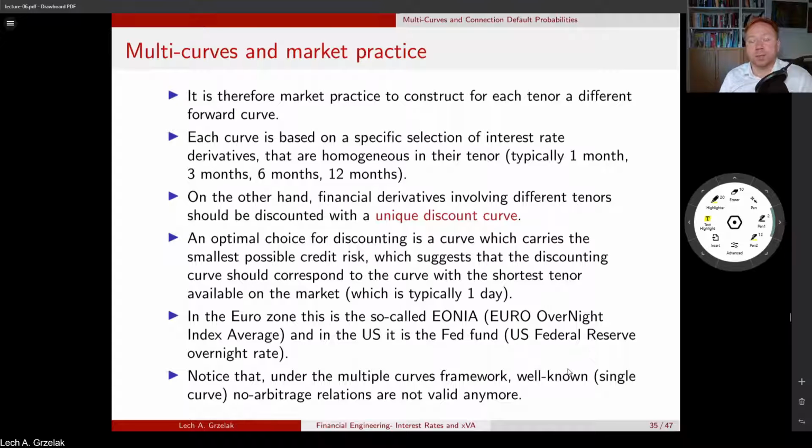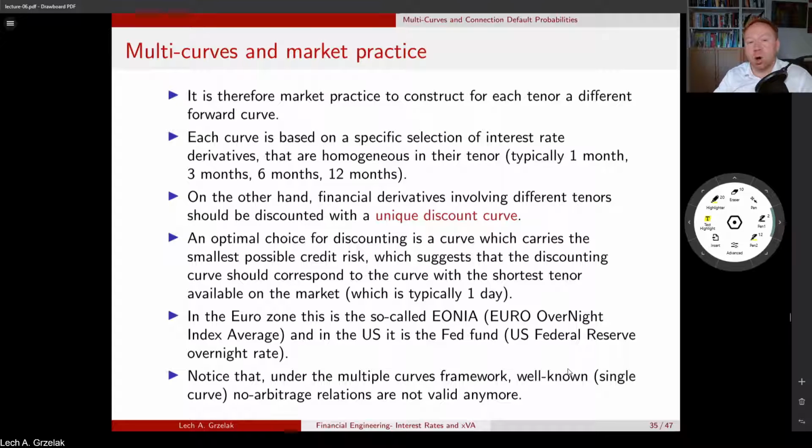In this section, we will link these market observations about including additional risks into pricing, and we will develop a framework for pricing of those derivatives. As you can imagine, the practitioners, so the market, reacted first. Once the crisis happened, we observed the increase in the basis spreads between different tenors, and only then, let's say, the theory was developed to support market behavior.